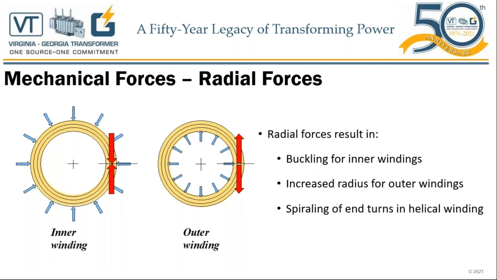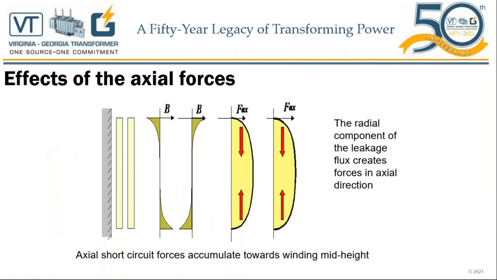Continuing on the radial forces, they result in buckling of inner windings, increasing the radius of the outer windings, and here is a new one for you guys, spiraling of the end turns of the helical windings. The radial component of the leakage flux creates forces in the axial direction.